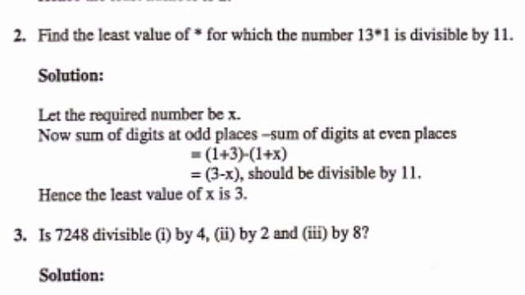So we take 1 plus 3 minus the numbers in the other positions, that means 1 plus x. So we get 3 minus x, and 3 minus x should be divisible by 11.